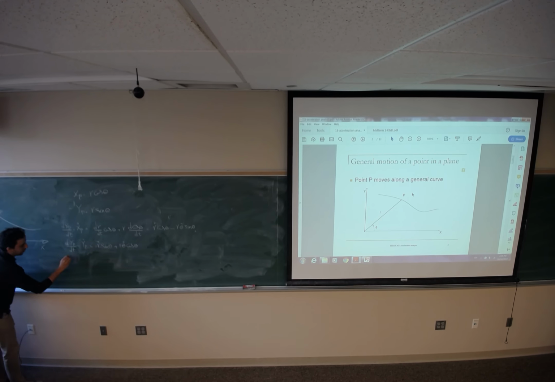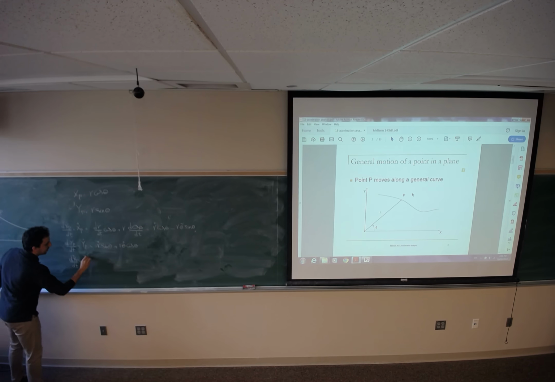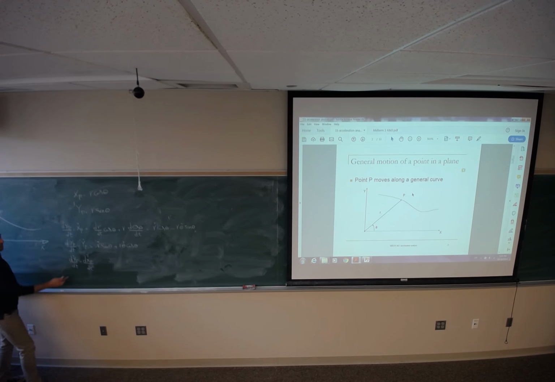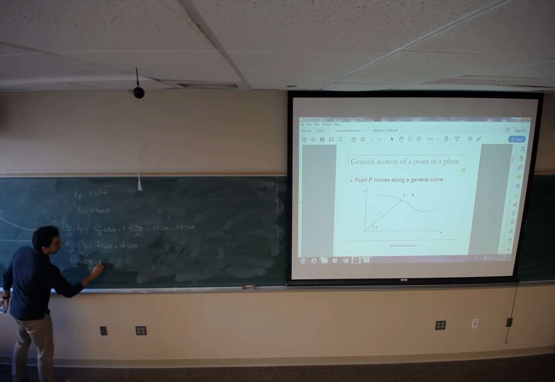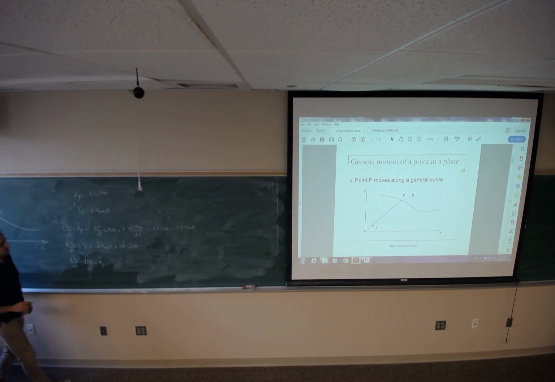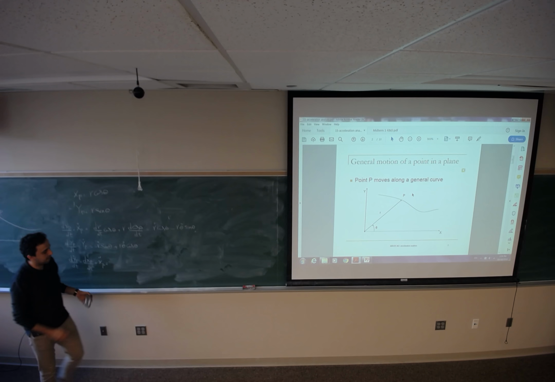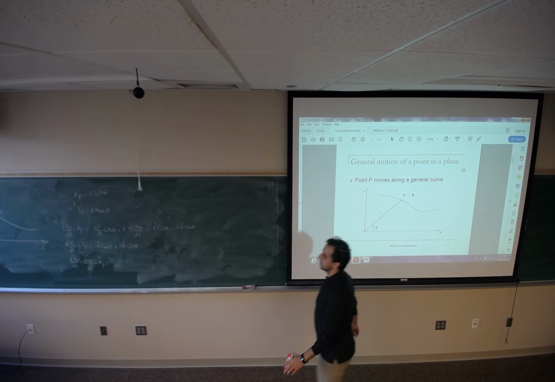Now we would like to find the acceleration. What would be how fast the velocity is varying with time, or what would be the second derivative of x with respect to time, or x double dot. Changing of the velocity, second derivative of displacement, or x double dot, representing the acceleration.